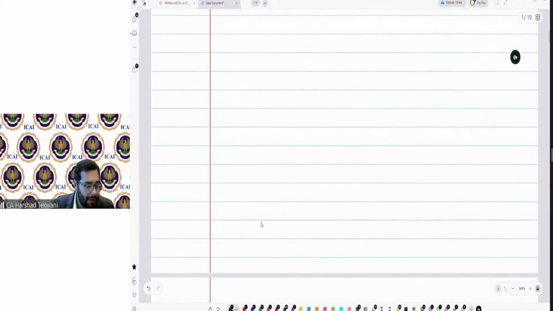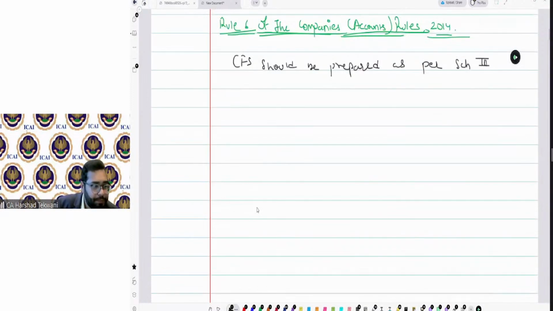As of now, what we were discussing is that a company having subsidiaries S1, S2 is required to prepare CFS as per Schedule 3, and whatever provisions are there should be on similar lines to the standalone financial statement.